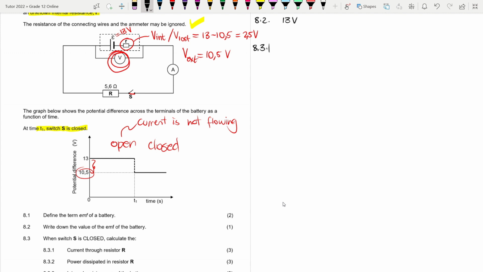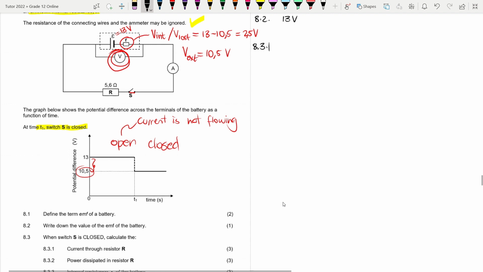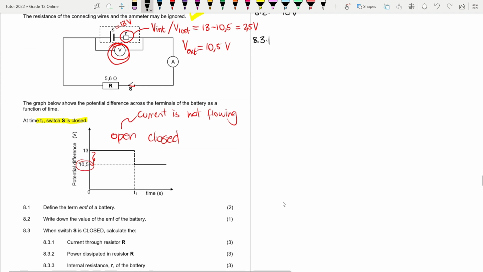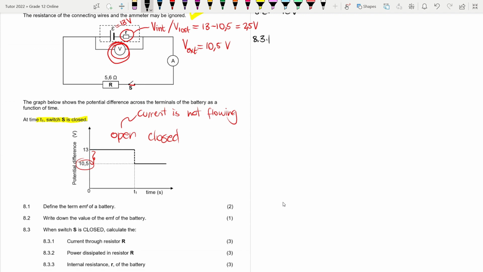8.3.1. When switch S is closed, now we're talking about the whole circuit, which looks pretty simple. Calculate the current through resistor R. How do we do that one?